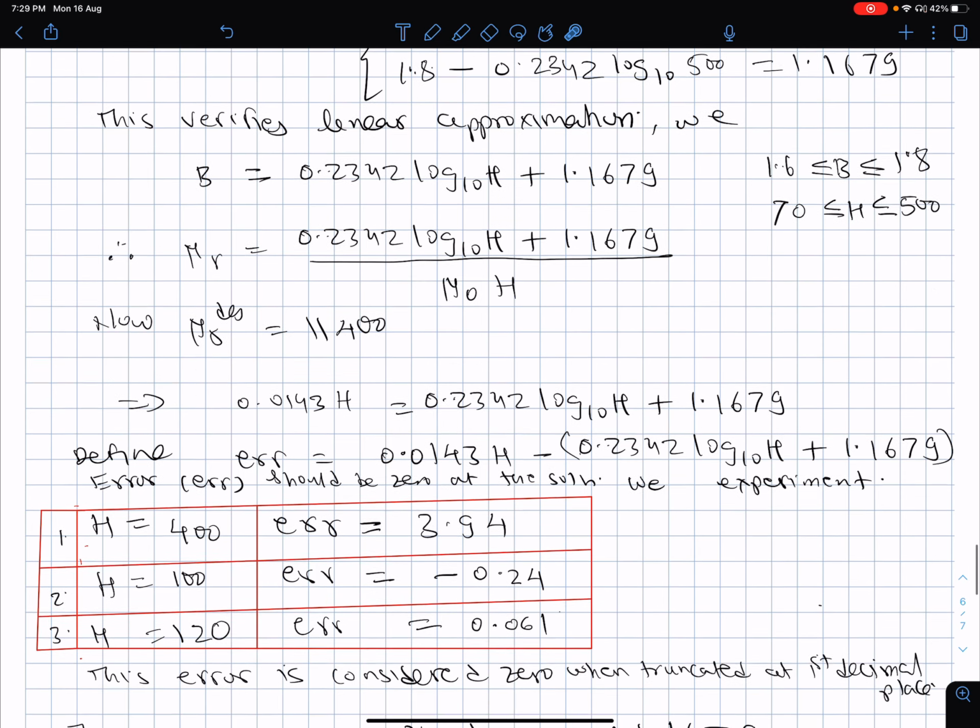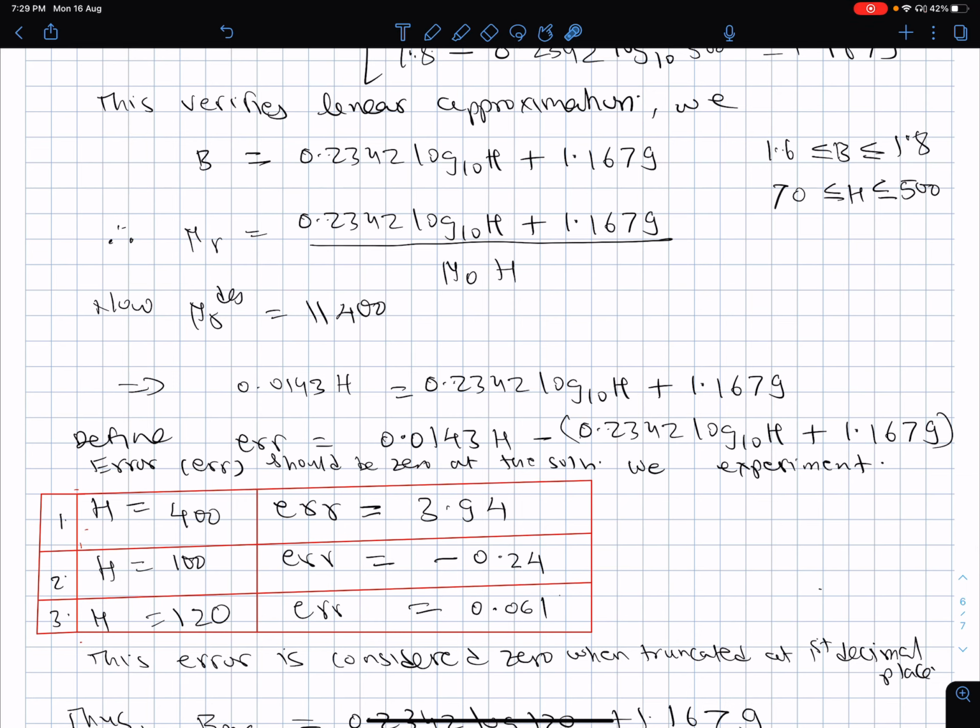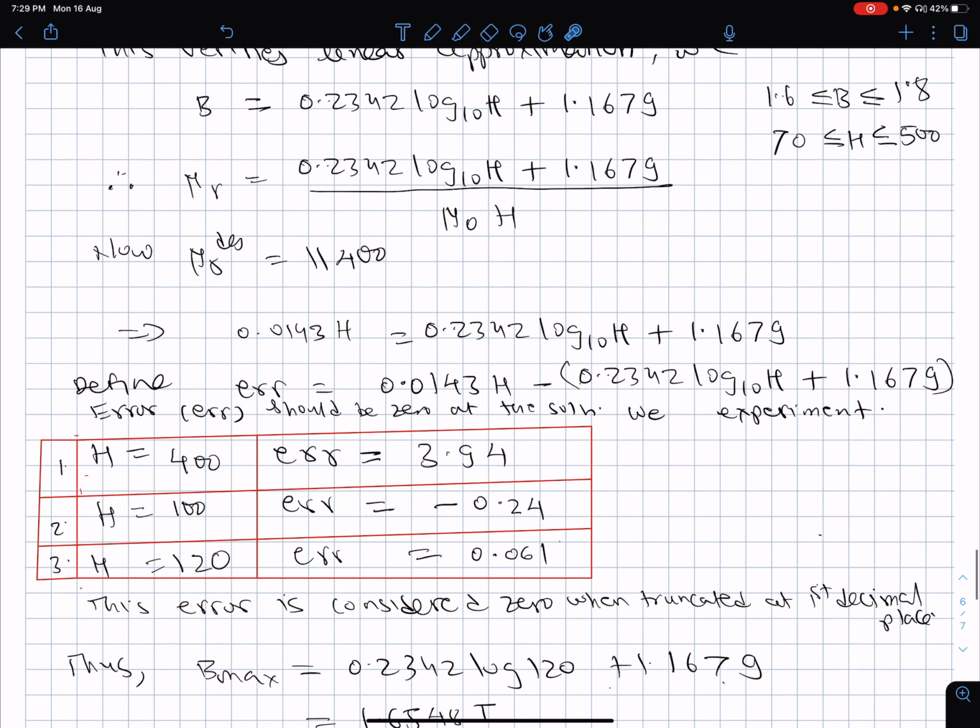Now, this is a nonlinear equation and I have to solve for h, which makes my job slightly difficult. So I am going to follow an iterative process to solve for it. I define the error as LHS minus RHS, and then I calculate it at 3 points: h equal to 400, h equal to 100, h equal to 10.